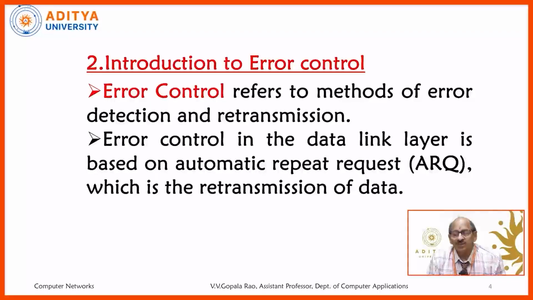So finally, flow control and error control in the data link layer are very important for the safety of the data and moreover the reliability of the data as far as data transmission is concerned.